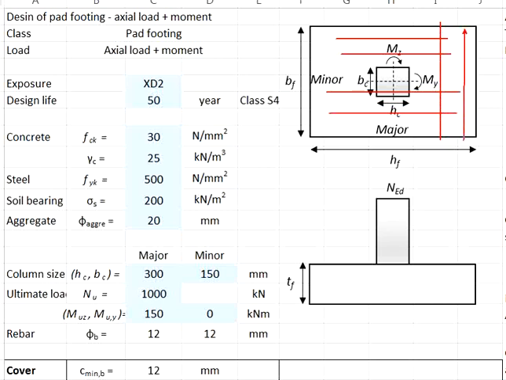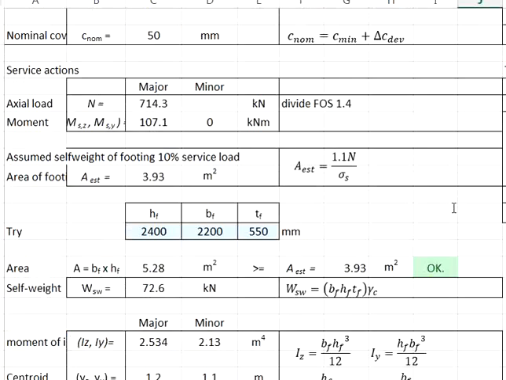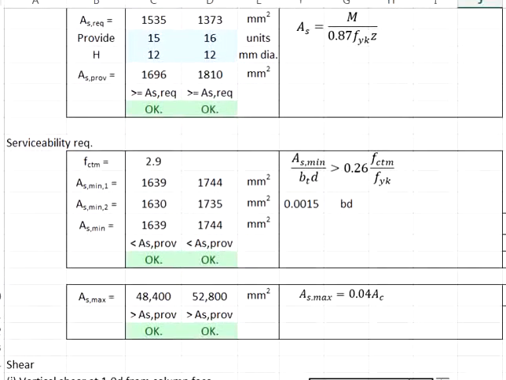Take the B, multiply the effective depth D. If you are designing the reinforcement bar in the minor axis, your effective plane will be this. Your B now is greater. That will give you a greater effective area. Because of a greater length, there will be a greater AS minimum.